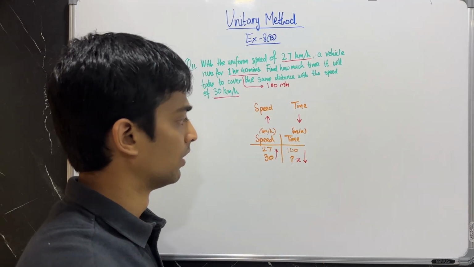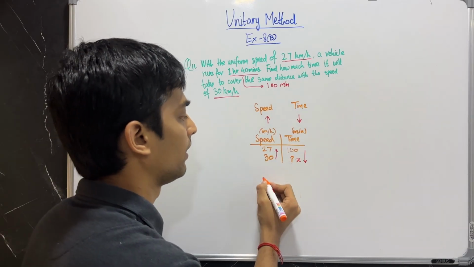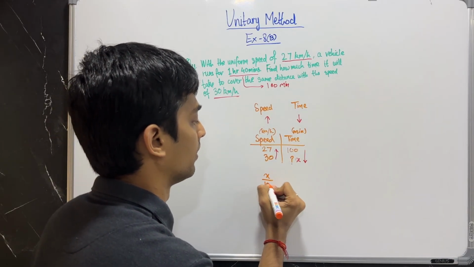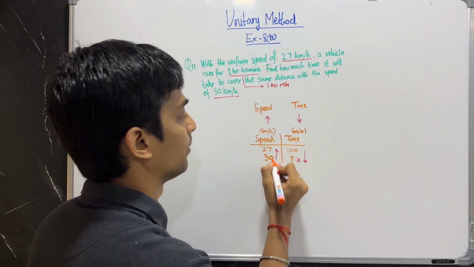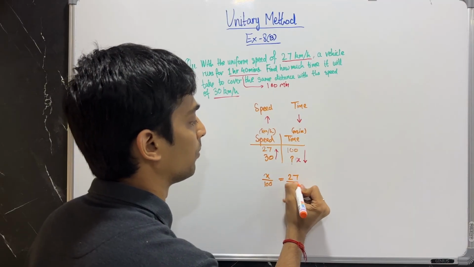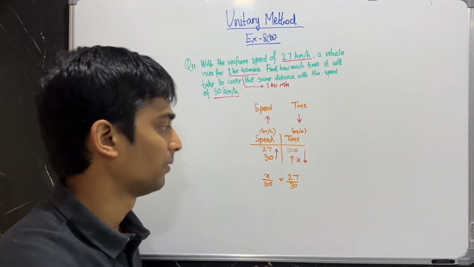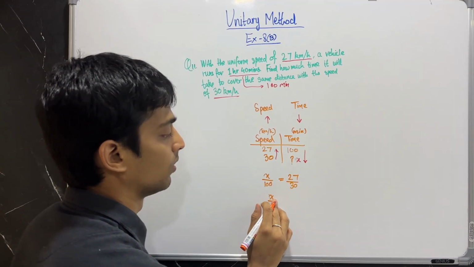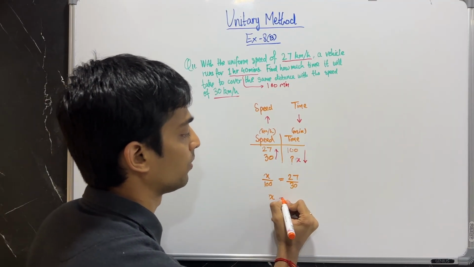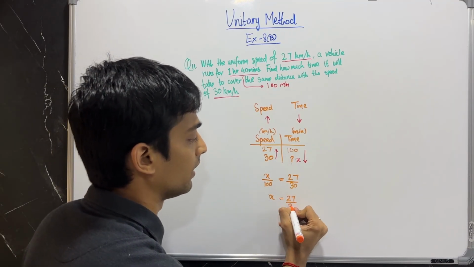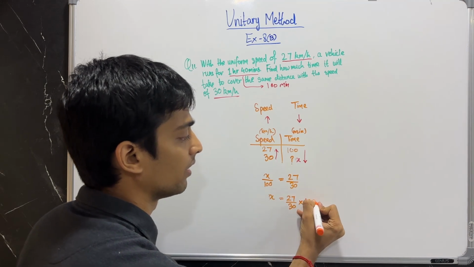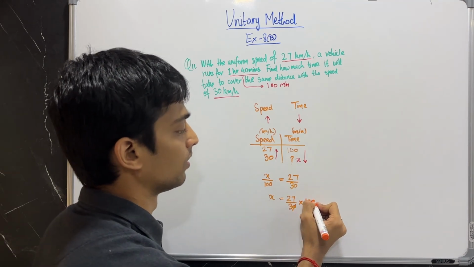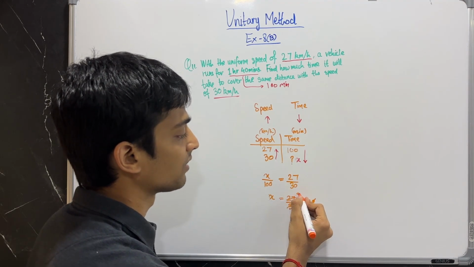Now, we can perform head upon tail: x upon 100 equal to head upon tail, 27 upon 30. Let's take the 100 there, x equal to 27 upon 30 multiplied by 100. We cancel the 0. 3 9s are 27.